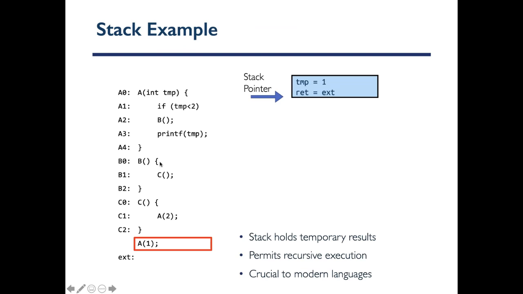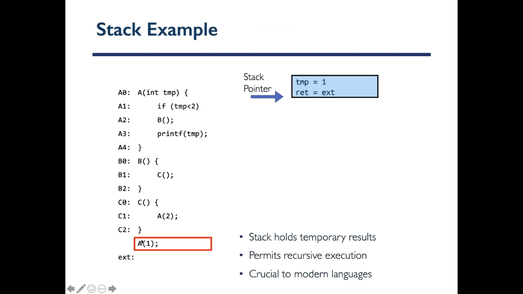And then I have B, which is going to call C, and I have C, which is going to call A2. I think it's if temp less than 2, then B, and after that, print TMP. We'll see it actually as we iterate. Suppose that we start by executing A1. So we're going to call A1.